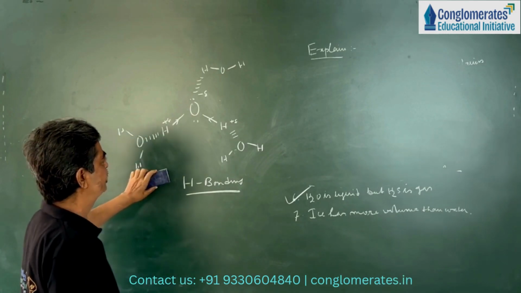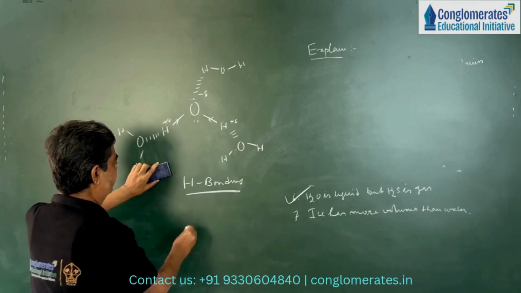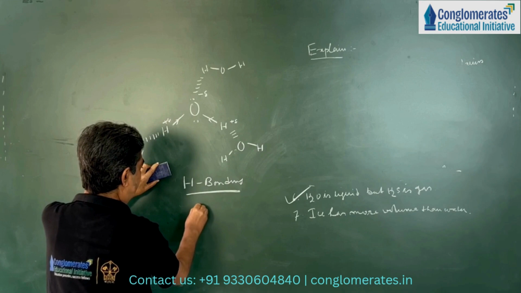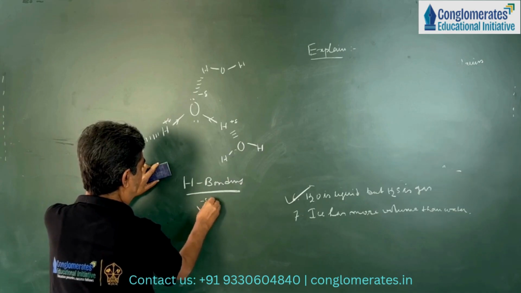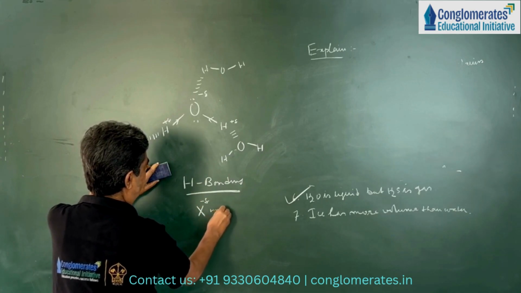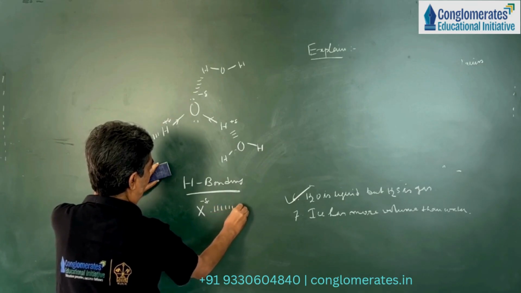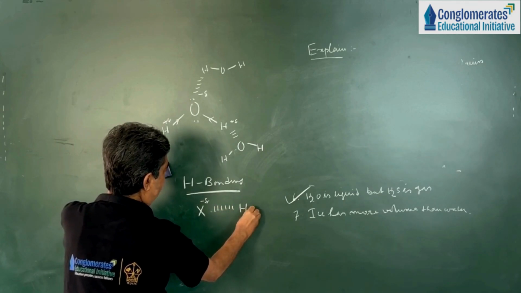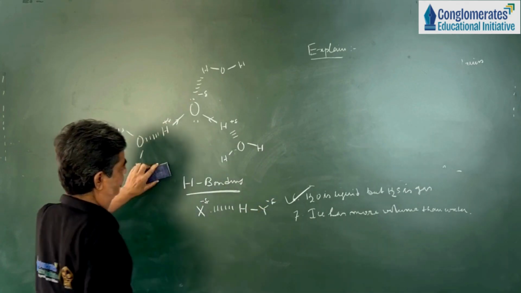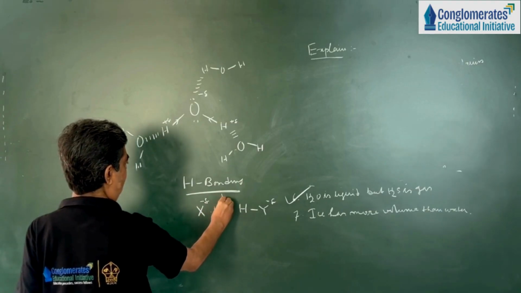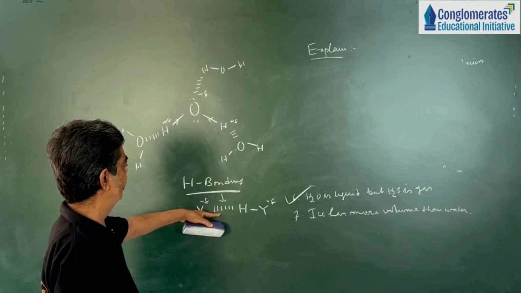It is a weak electrostatic force between an electronegative element and a hydrogen atom which is already bonded with another electronegative atom. This is called a hydrogen bond. This dotted line, or the parallel lines, is called the hydrogen bond.